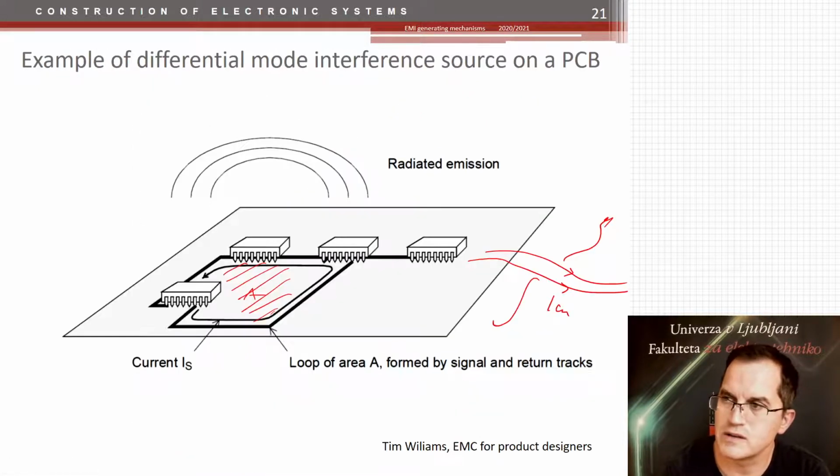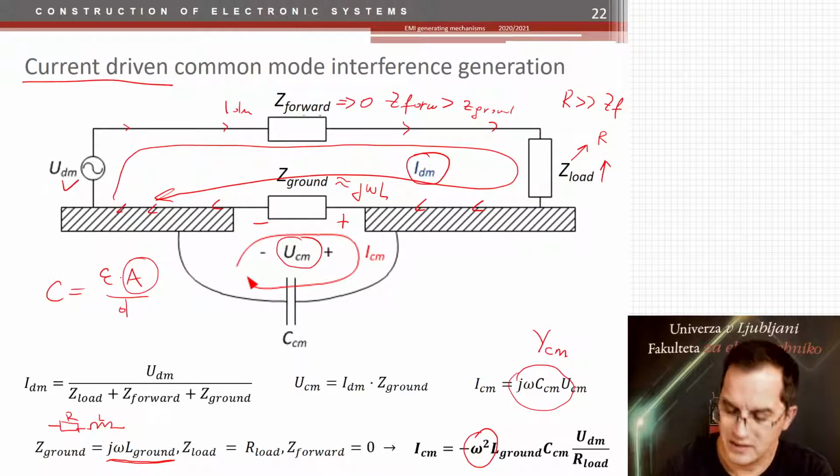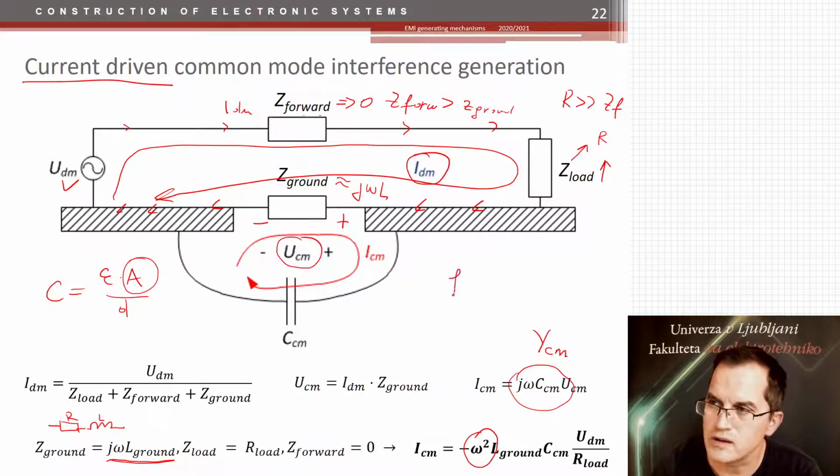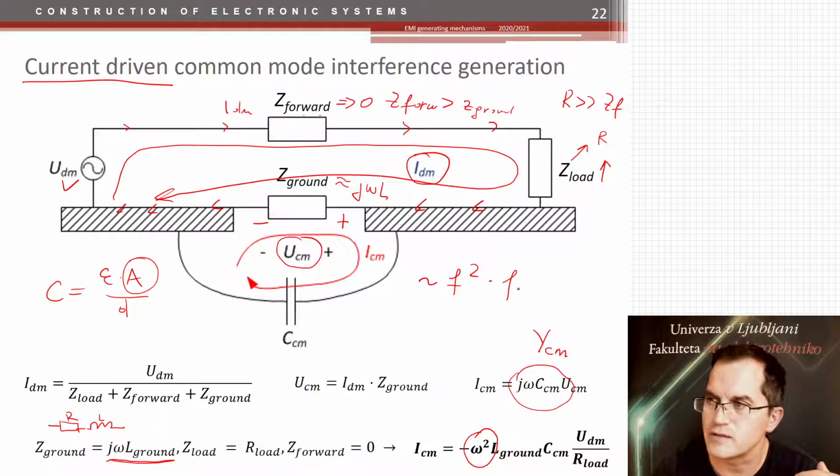So going further, you see that there are three actual frequency dependent mechanisms. The first is the spectrum contained in the signal itself. Then it is how this differential signal is transferred to a common mode noise signal, and there we have the square of the frequency. And then how this signal radiates, and we have another frequency.